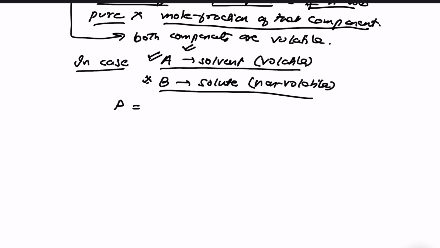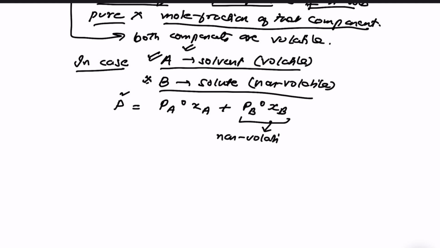So if I write Raoult's law, the total vapor pressure P will be equal to how much? We know that P is equal to PA naught into XA plus PB naught into XB. Now, because B is non-volatile, there will be no contribution of the B component in the vapor pressure of the solution.